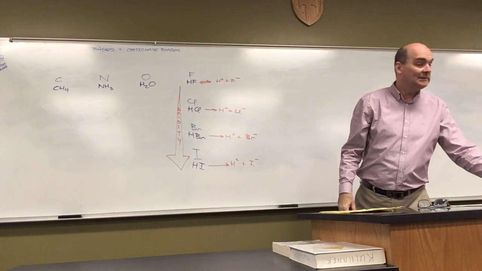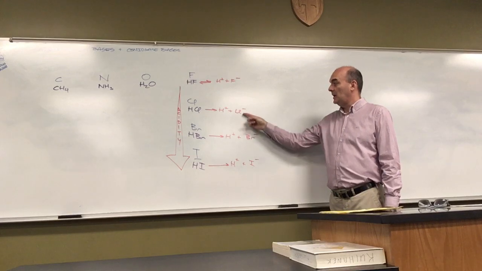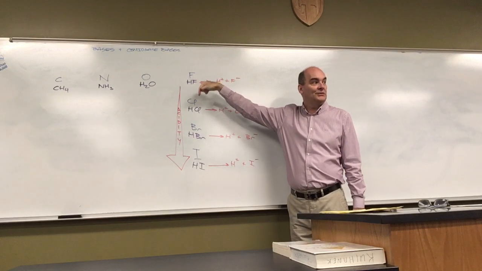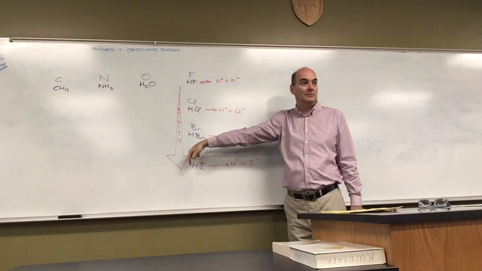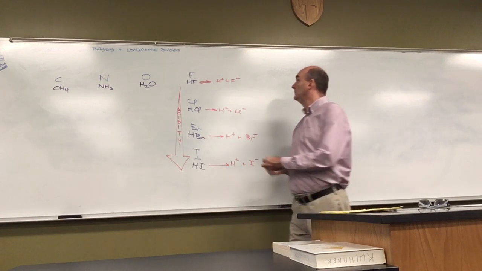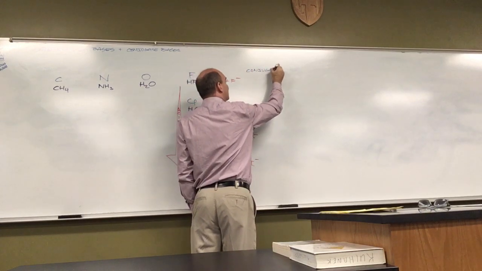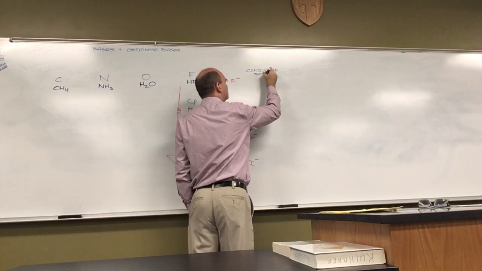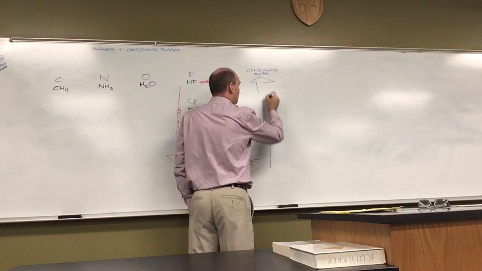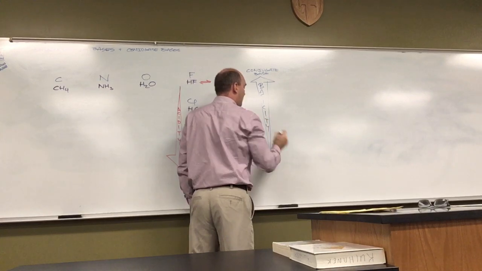The bases are the I minus, the Br minus, the Cl minus and the F minus. And if the acidity trend goes that way for the free acid, then the basicity for my conjugate bases goes the other way.